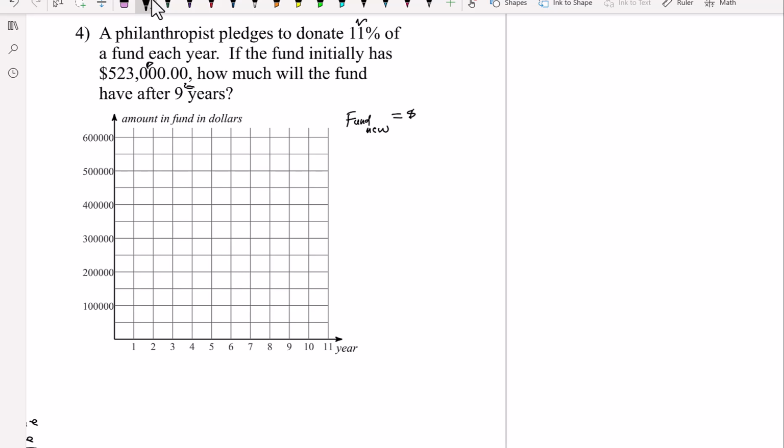It started off with 523,000, and this is annually, so the n is 1. 11%. Wow, that's going to grow quite a bit. And after 9 years, this should grow quite a bit.